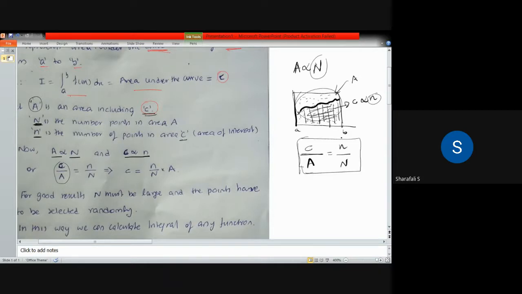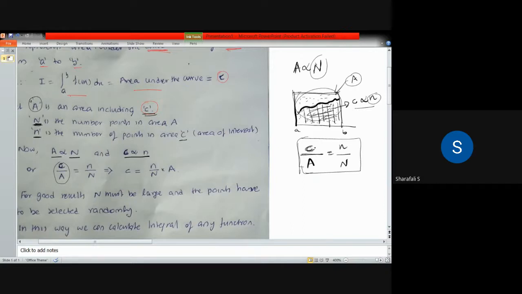If you consider the number of points in this area capital A, and divide the number of points in the area under the curve by the total number of points in any known area capital A, then you will get the area fraction.